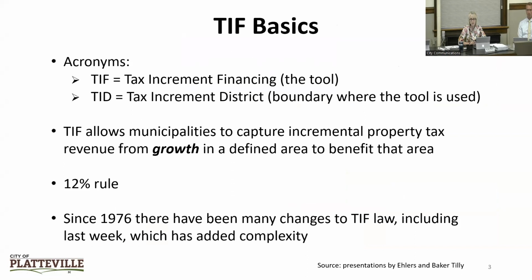So essentially, TIF allows municipalities to capture incremental property tax revenue from growth in a defined area to benefit that area. We're going to come back to the growth concept in the next couple of slides, but essentially, it's all about growth in the TIF.